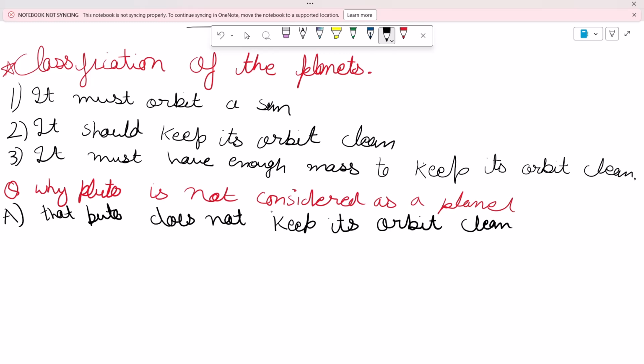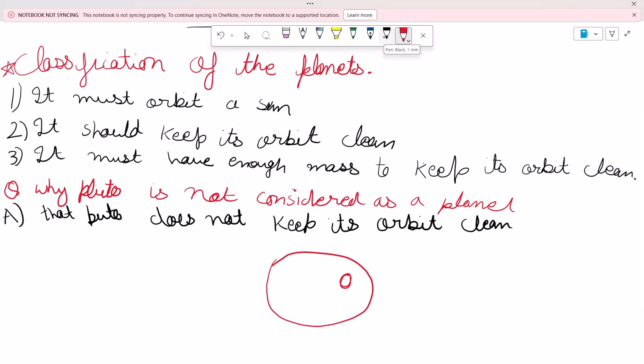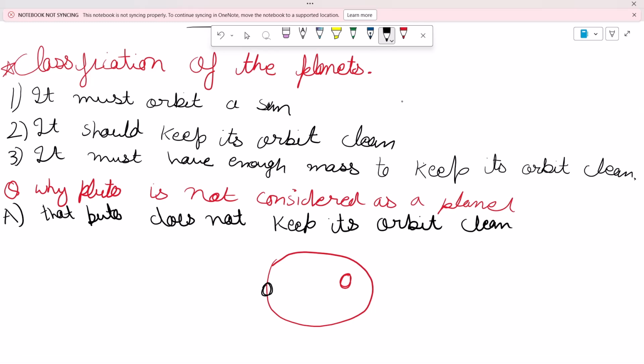Let me draw a diagram. This is our sun, and this is the orbit of Pluto, and here is our Pluto. It has enough mass, and it orbits a sun also.